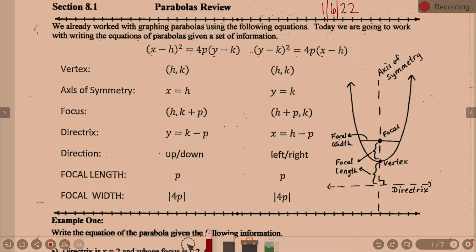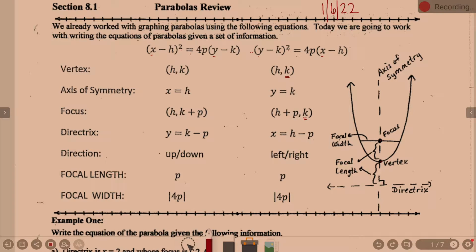Notice right here, when you look at your vertex and focus, in this one I have k and k being the same there, don't I? And so that's how I know if it's 3, 4 and 5, 4, those 4s have to match. So I didn't have to draw a picture. And this is where some of you are not going to be a picture drawer. Some of you are going to love drawing pictures. It's all a matter of how you see the math. But that's how I knew it has to be a right column without even drawing a picture. Are we okay with that?